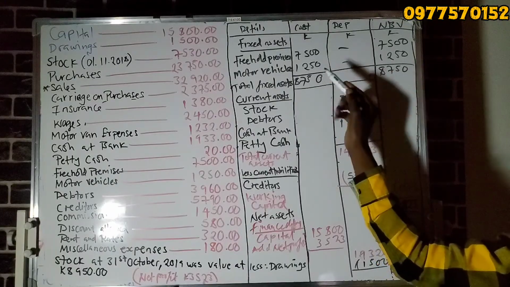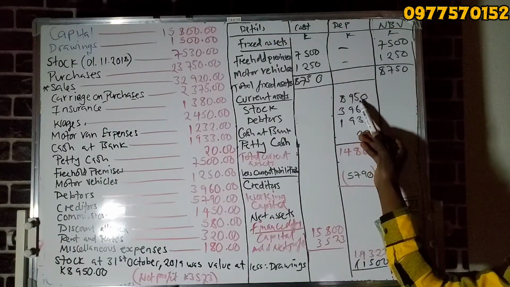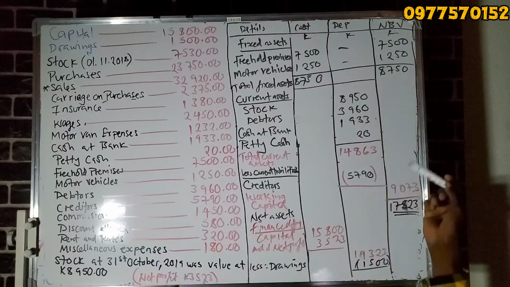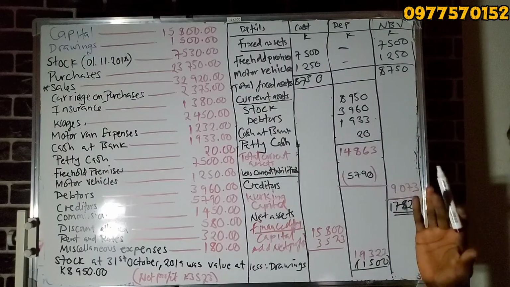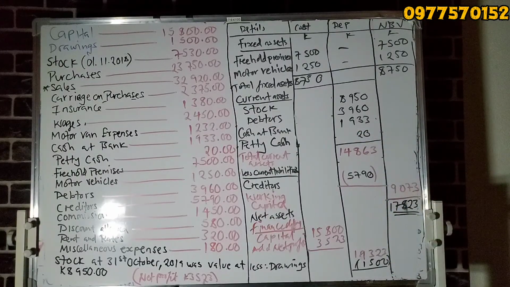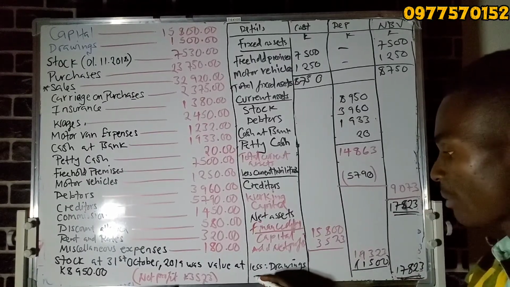Instead of writing 8,950, you write 8,930, then it's not going to balance. It will give you a slight difference. So let's subtract here. After subtracting, it is giving me 17,823. This is called the capital employed.